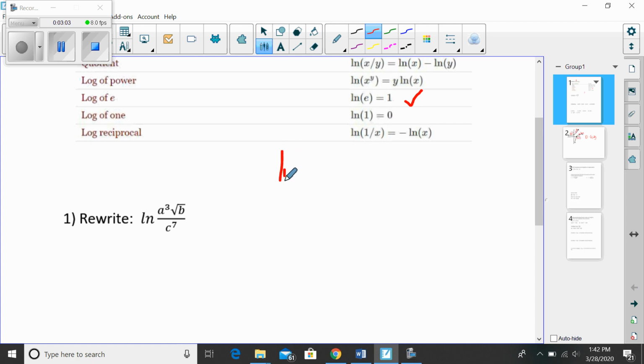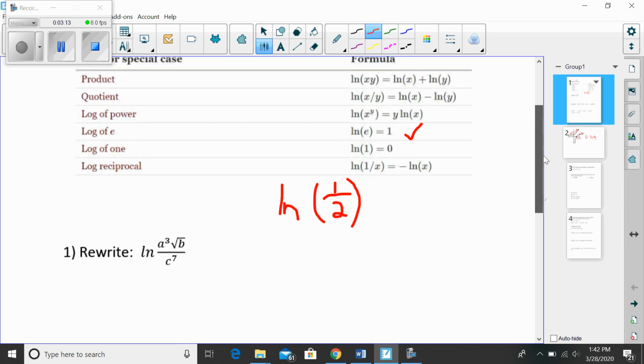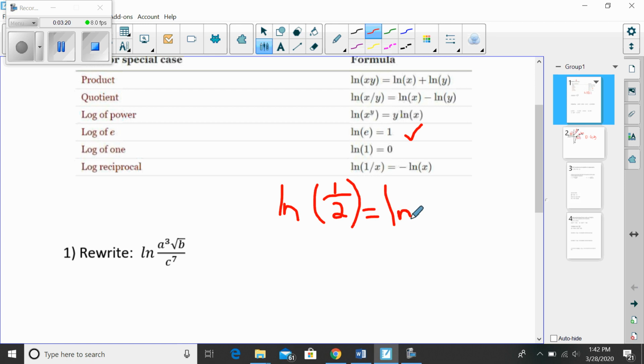If I had the natural log of 1/2, natural log of 1 over 2, and I apply this quotient rule to it, this is equal to the natural log of 1 minus the natural log of 2. So I'm applying this law right here.